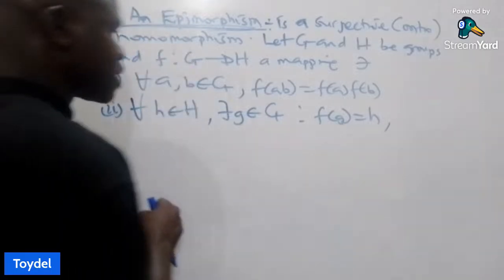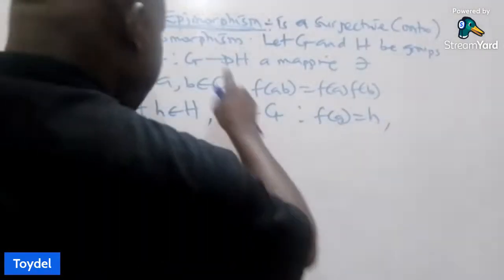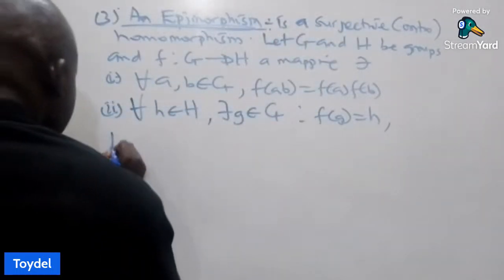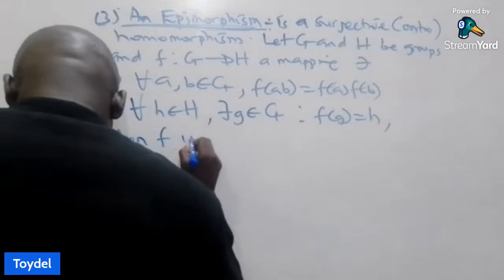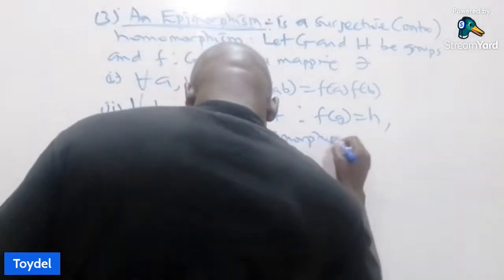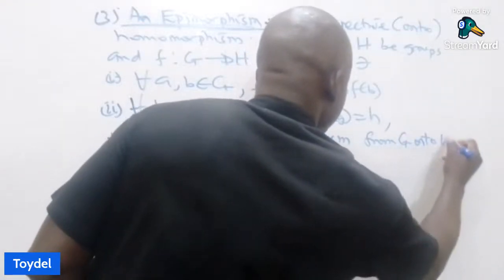We have done that in the previous class. So an epimorphism is a surjective homomorphism. If these two conditions for surjective onto hold, then f is an epimorphism from G onto H.